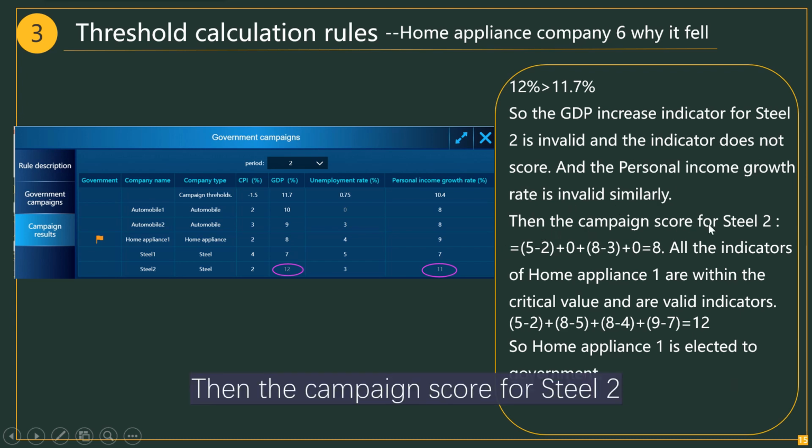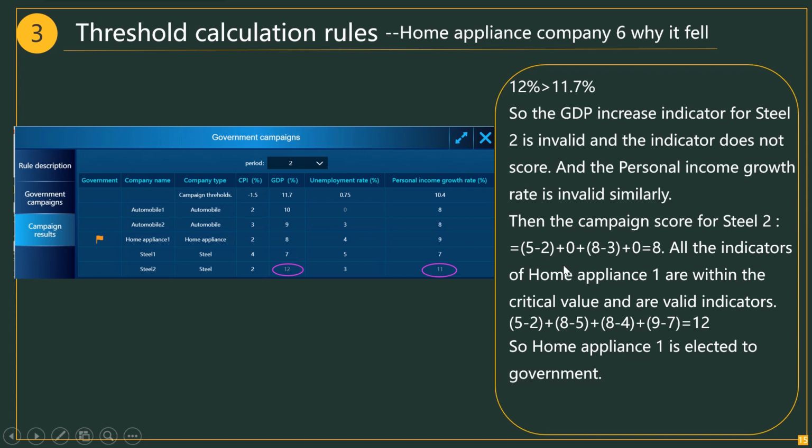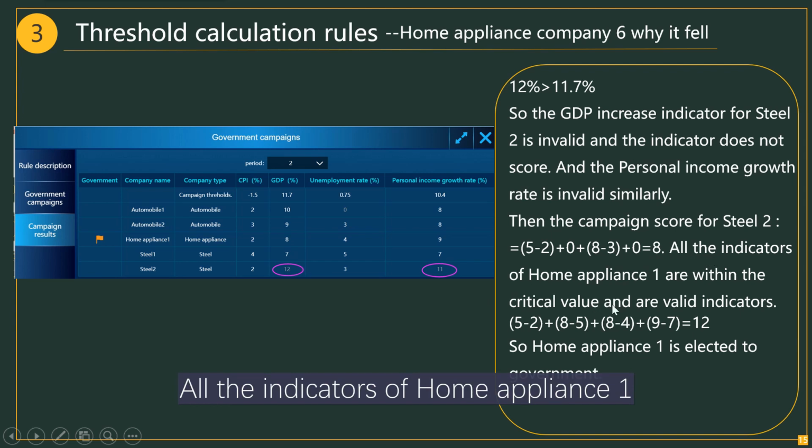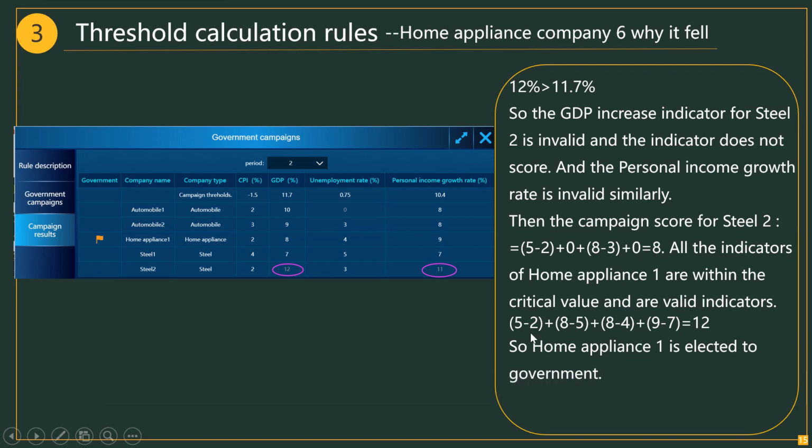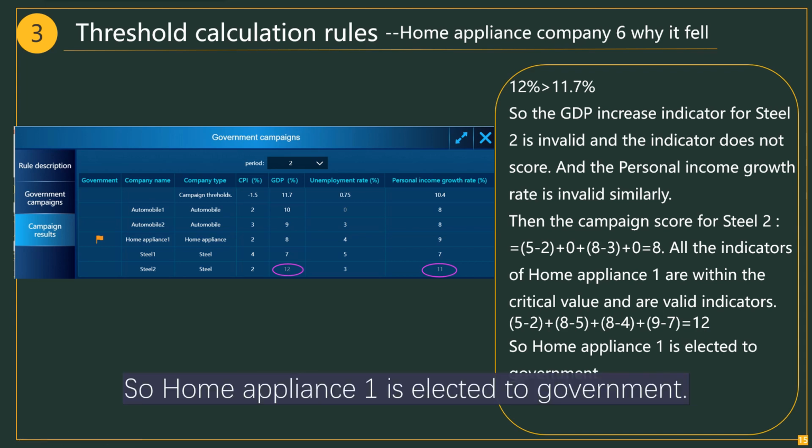Then the campaign score for skill12 is equal to 5 minus 2 plus 0 plus 8 minus 3 plus 0, which is equal to 8. All the indicators of home appliance 1 are within the critical value and are valid indicators. 5 minus 2 plus 8 minus 5 plus 8 minus 4 plus 9 minus 7 is equal to 12. So home appliance 1 is elected to government.